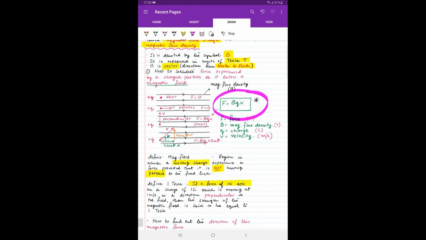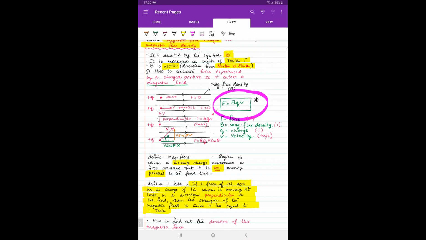So if a force of 1 Newton acts on a charge of 1 coulomb, which is moving at 1 meter per second in a direction perpendicular to the field, then the strength of the magnetic field is said to be equal to 1 Tesla.